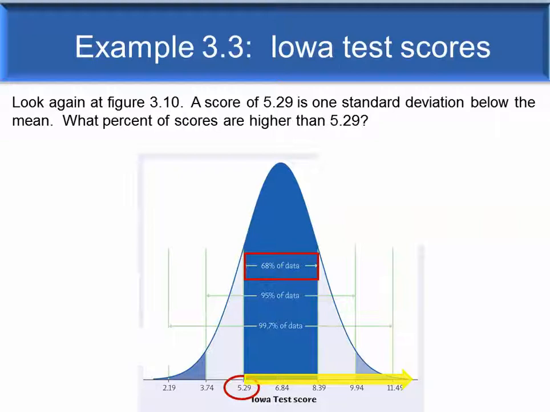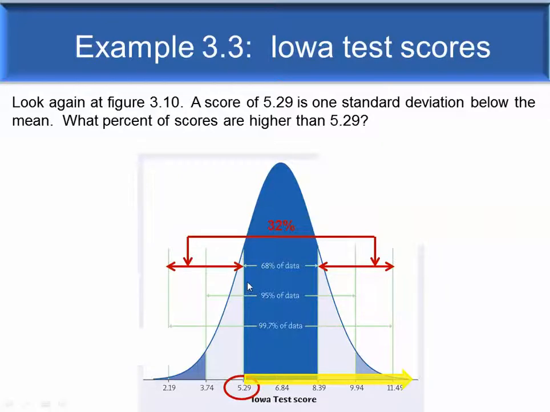So this spread right here is 68% of the data, which means the remainder of the 100% of the data, those values that fall outside of the 68%, is 32%. 32% encompasses everything below one standard deviation and above one standard deviation, whereas the 68% is things that fall between one standard deviation above and below.